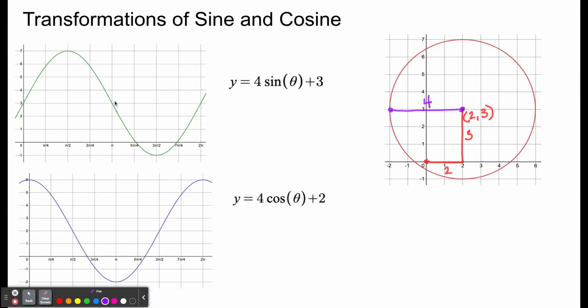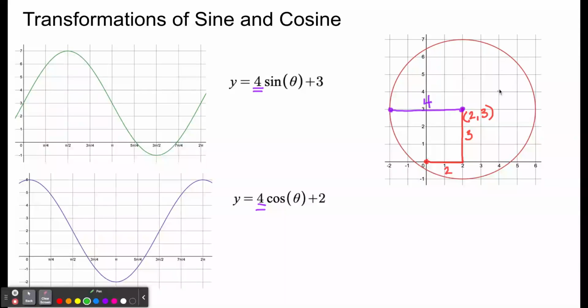So how do all of those things appear over on these graphs of sine and cosine? Well, first off, we can see the radius of 4 right here is the amplitude. So both sine and cosine coordinates got multiplied by 4. Whatever the original x and y coordinates were, now they're a distance of 4 from the center instead of being a distance of 1 from the center. The 2 and the 3 show up in these numbers right here.